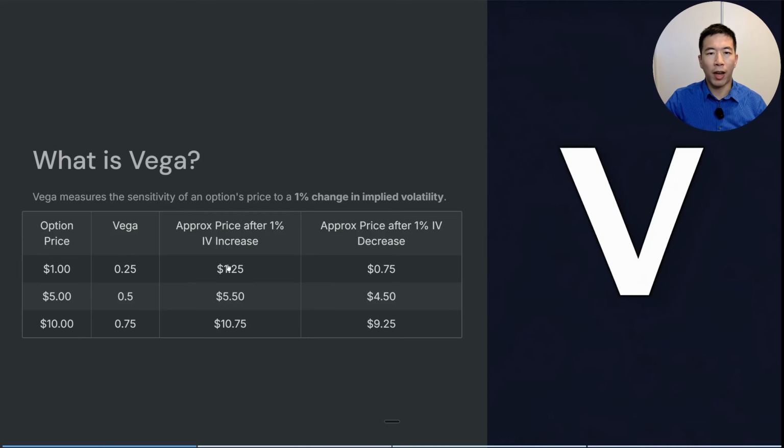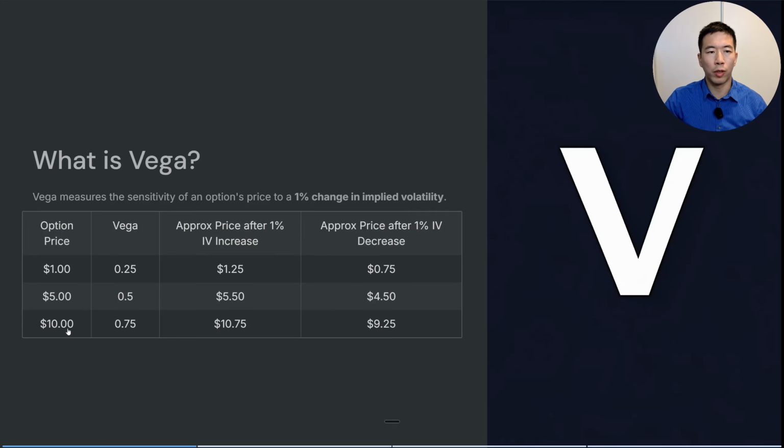If IV increases 1%, then your option pricing will now become $1.25. That is if you have positive Vega. And if IV drops by 1 point, by 1%, then your option pricing is now only worth 75 cents.